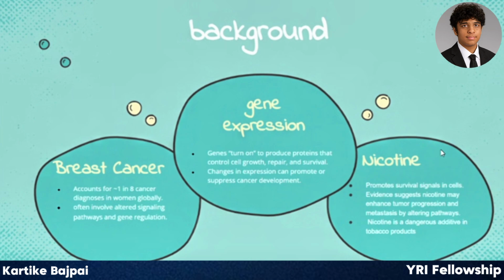Breast cancer accounts for around 1 in 8 cancer diagnoses for women globally, and this often involves altered signaling pathways and gene regulation. Gene regulation is basically how proteins are produced from genes, and how much protein is produced when they're turned on and off.